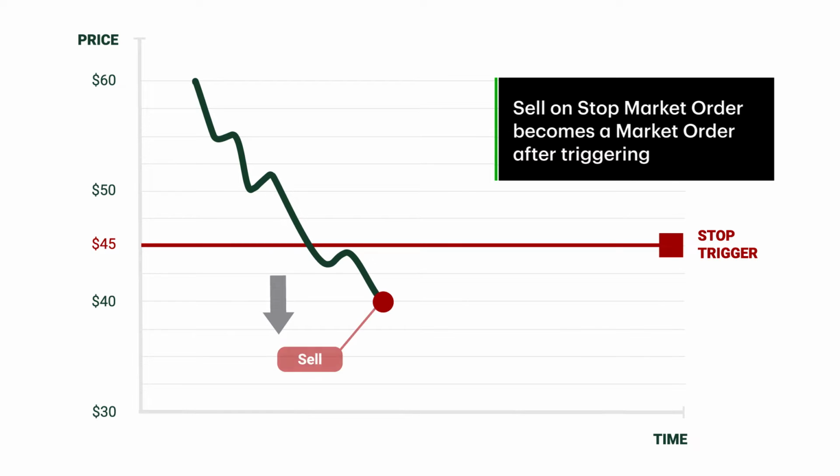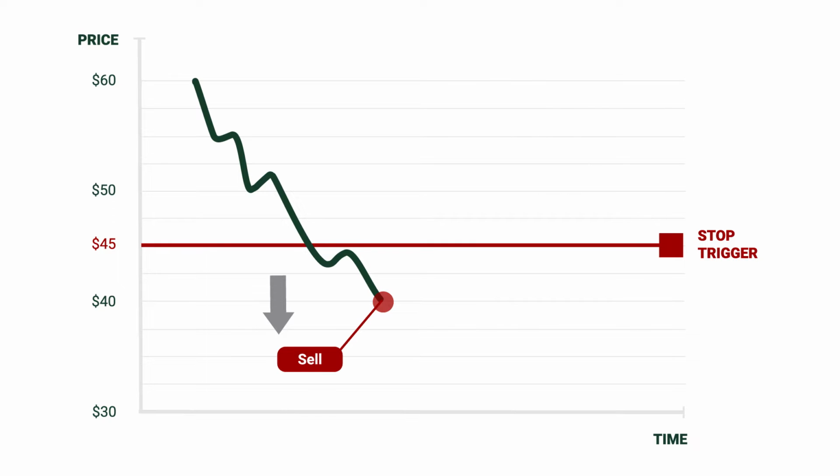This means that when the order is filled, you will receive $40 for the sale. On the other hand, the stock could be trading at a slightly higher price after it triggers. Because the order becomes a market order after being triggered, the stock is sold at the best available market price, and it could be at any price.